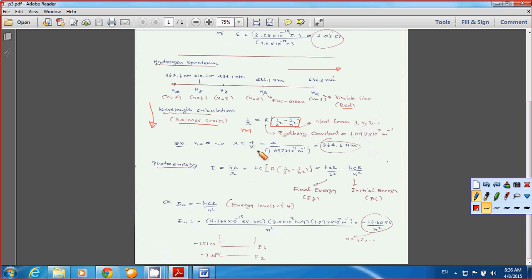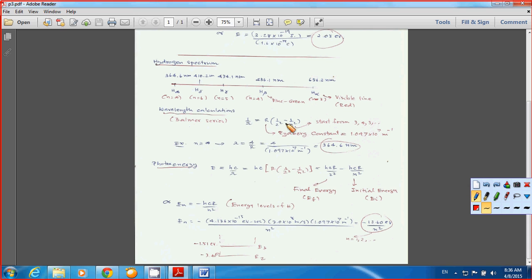And this n represents, you can find lambda here from the Balmer series. You plug in the number, that's why I have H alpha n equal to 3, H beta n equal to 4, and you're going to end up with lambda. You can work this one out by yourself. For example, if n equals infinity here, this term drops, right?